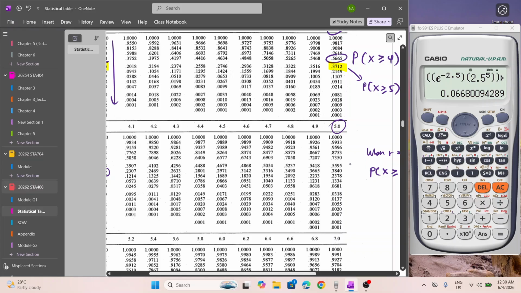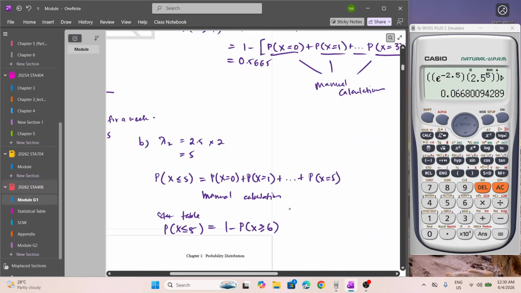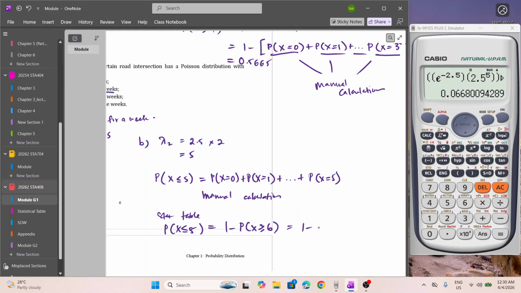So which one? It is 0.3840. This is the value. Now let's go back to the module. So this is equal to 1 minus 0... what was it?